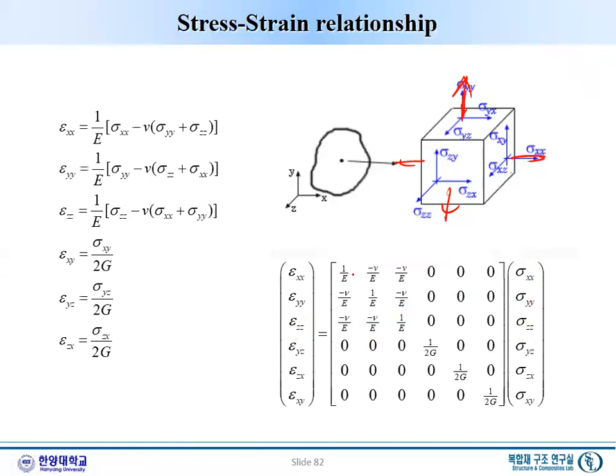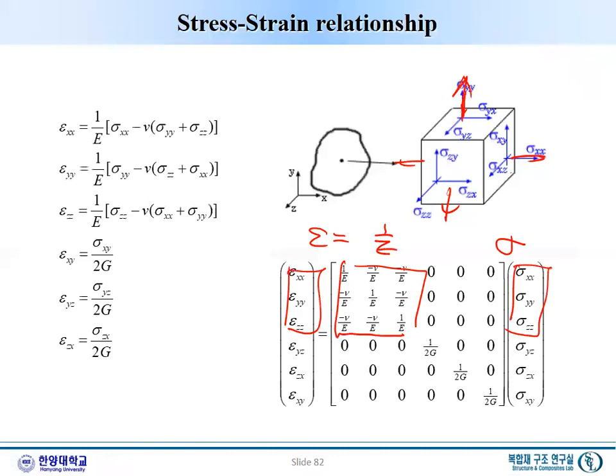Okay, so these three equations are a 3D version of the strain, material property, and stress relation, which is exactly the same as strain equals 1 over E times stress. That's the 1D version, right? Now we can extend it to a 3D version.